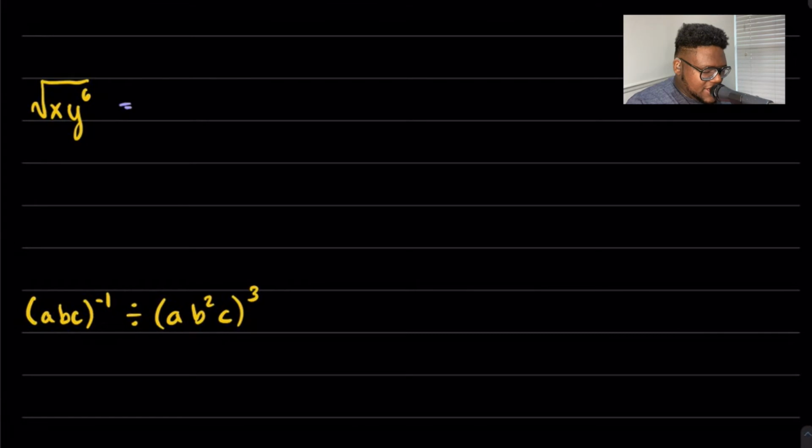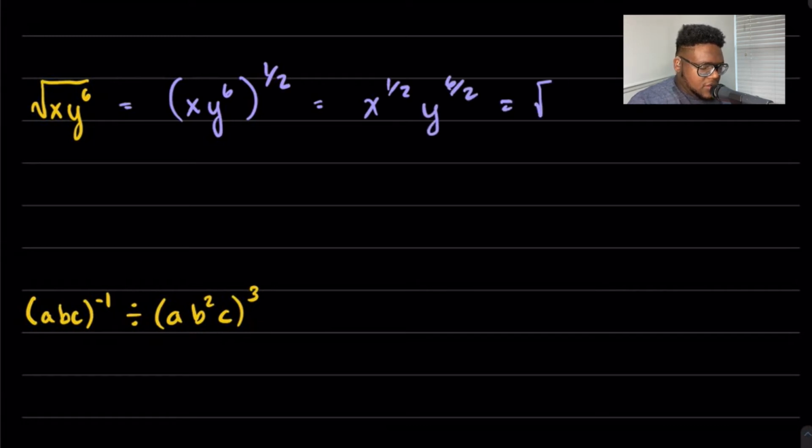This next one, you can rewrite it as xy to the 6th, and this whole thing to the 1/2. All right. And so you can distribute that exponent out, which gives you the square root of x and then y cubed. But a thing there is that you need to think about y cubed as being in front.